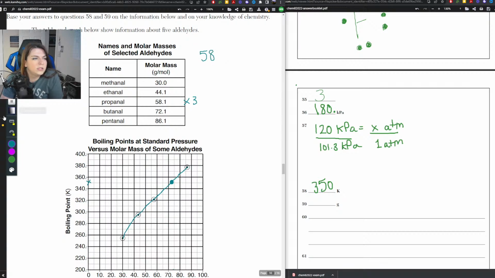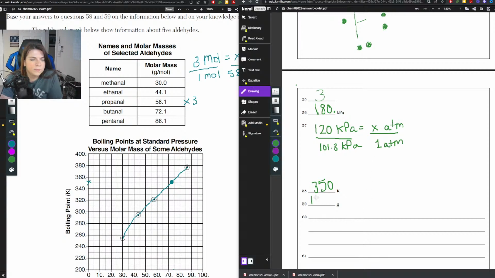Let's do it the way you should. 3 moles is equal to X grams, as 1 mole is equal to 58.1 grams. Cross multiply. 58.1 times 3 is 174.3.